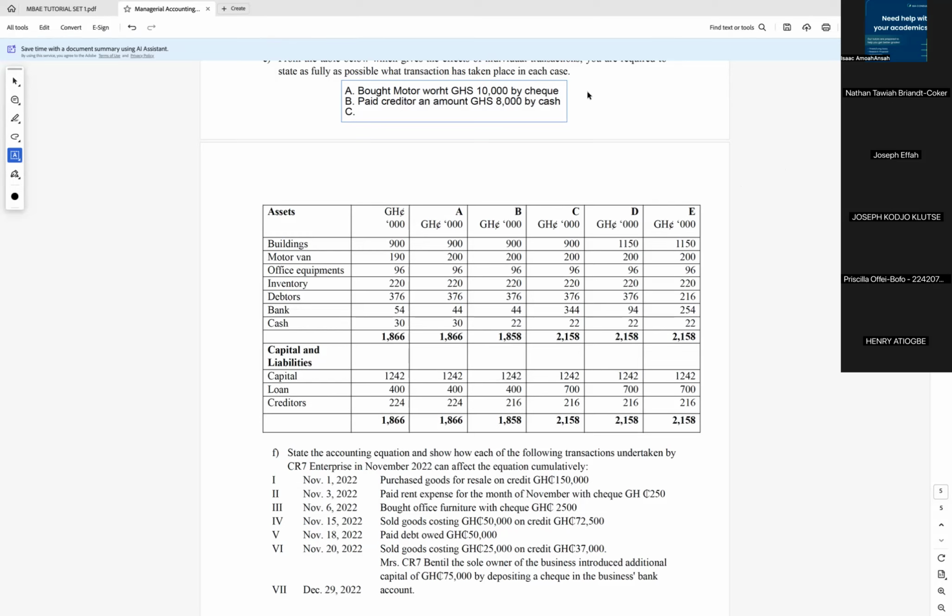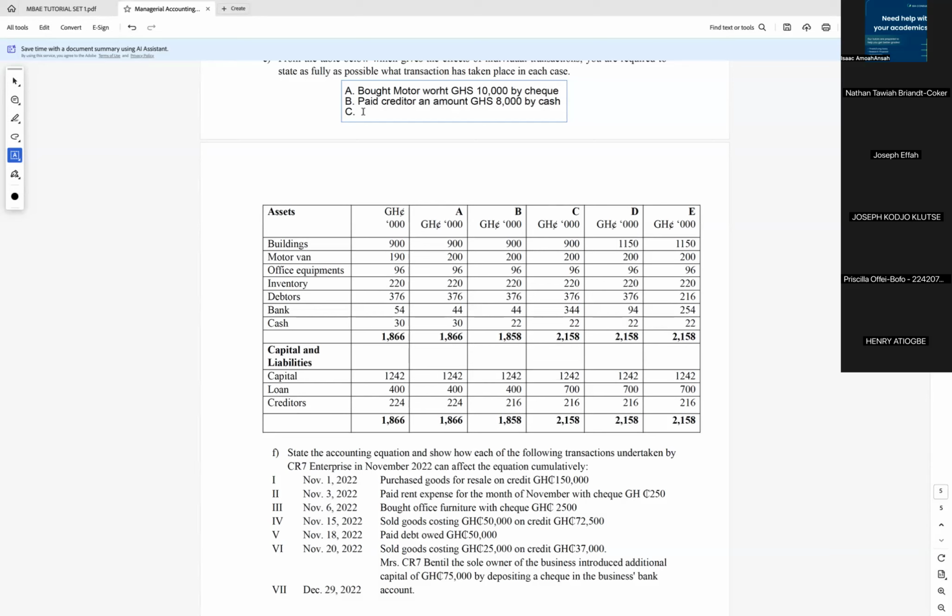From the transaction, I can see that the business secured a loan amount of 300,000, sorry. So that's why there's an increase in the loan, and then by check. So let me put it: the business secured a loan amount of 300,000 by check.